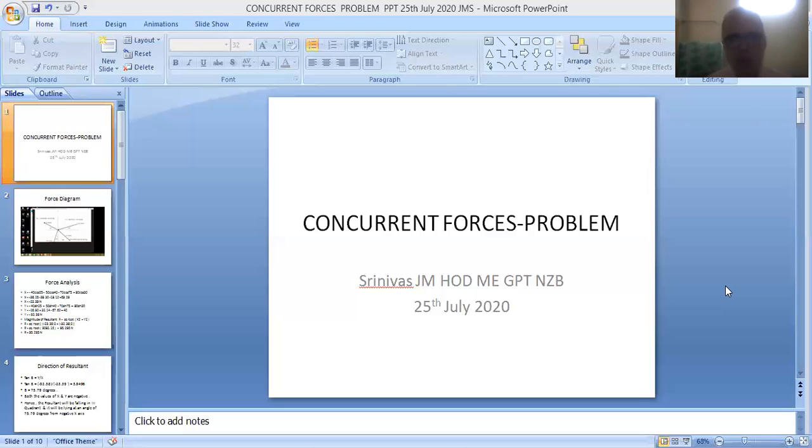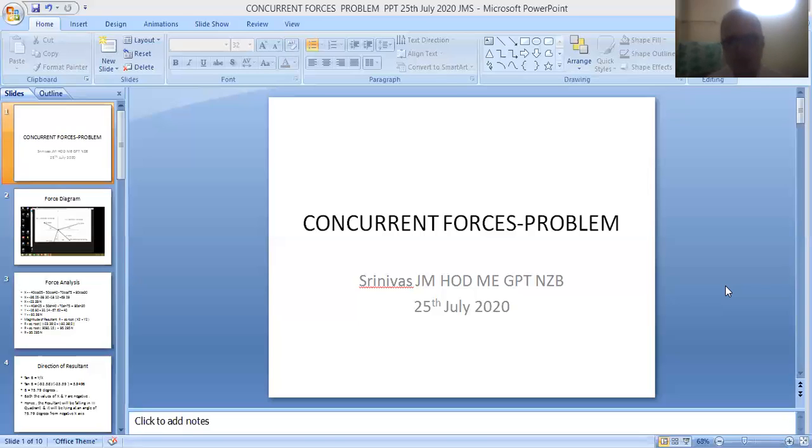Therefore, these forces can be expressed either in kilonewtons or in newtons. That means you multiply the value of force in kilonewtons by 1000, so you will be getting the value in newtons. And take the value in newtons, you divide it by 1000, so again it will be converted into kilonewtons.